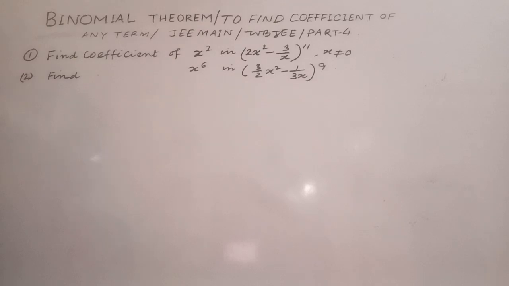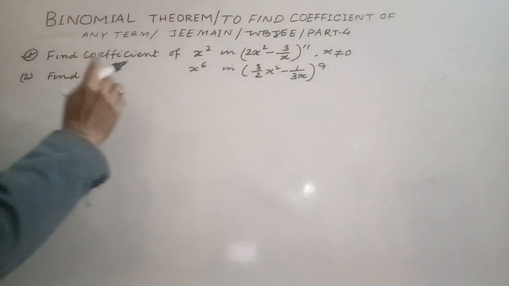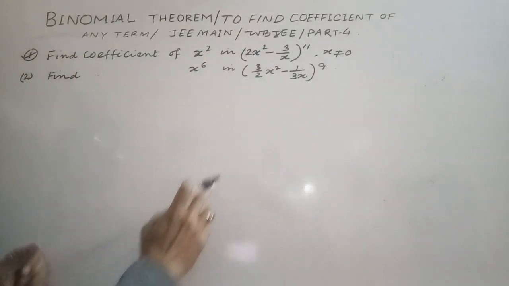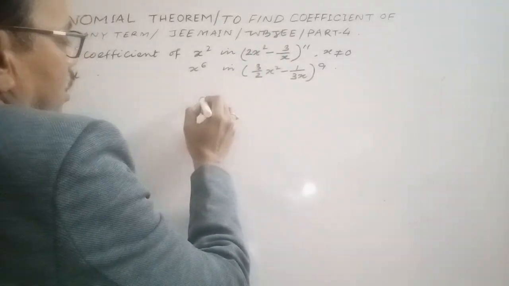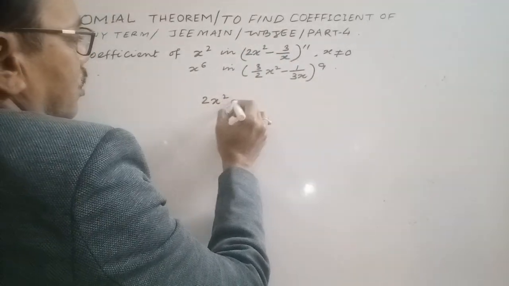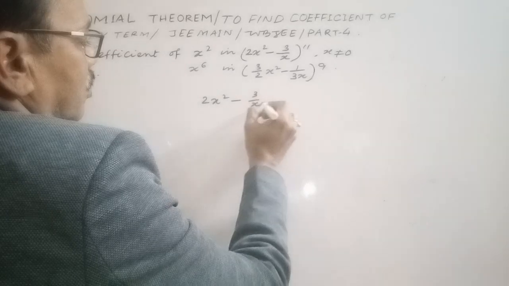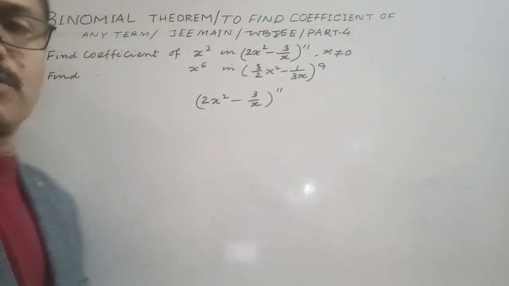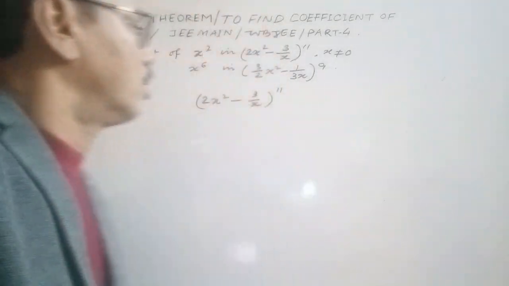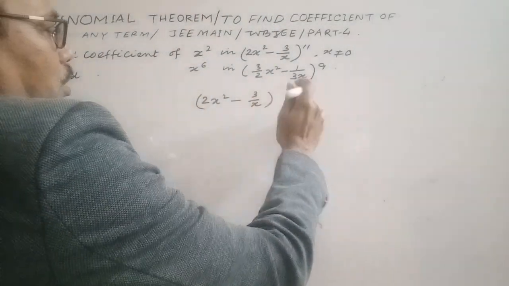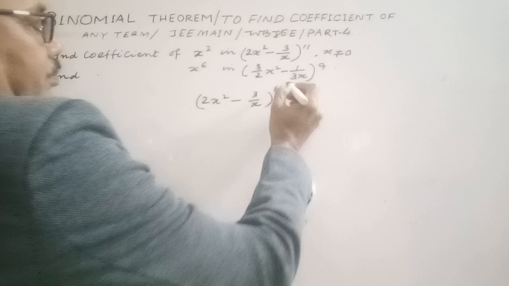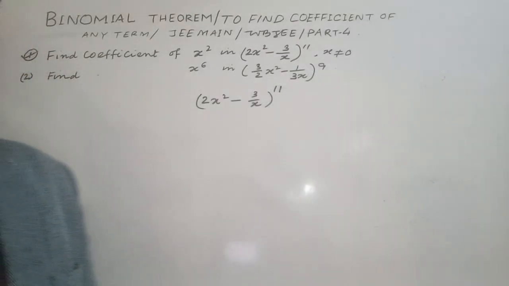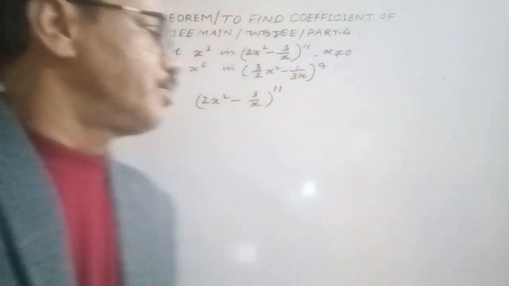So, problem number 1. Find coefficient of x square in (2x square minus 3 by x) whole to the power 11. Now, if we expand it, we get 11 plus 1, 12 terms.